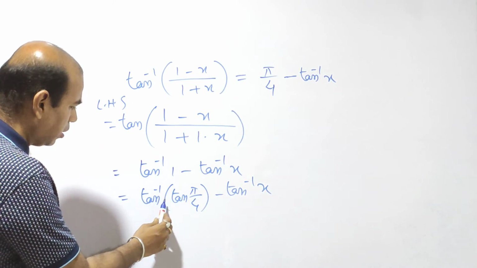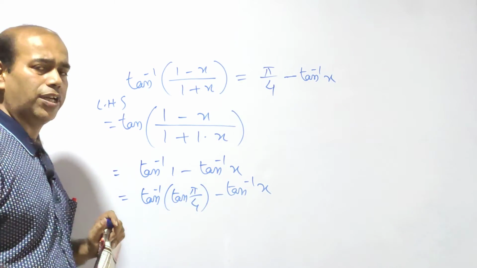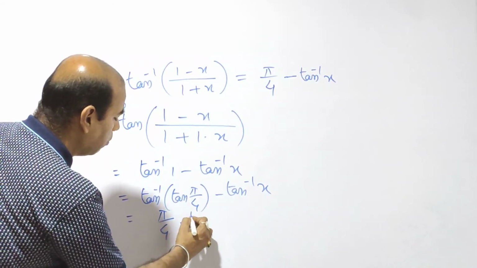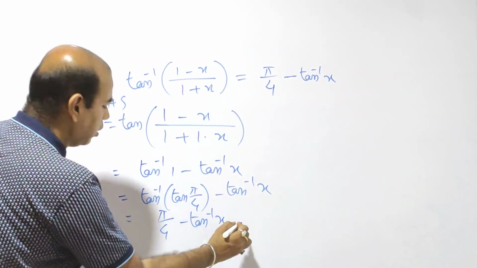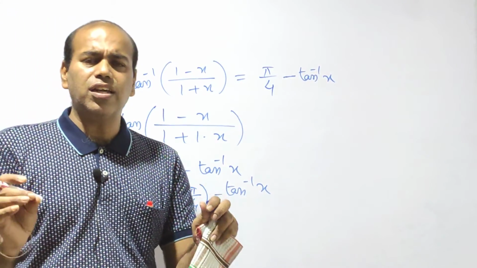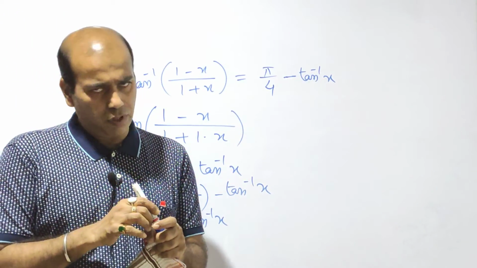Now if I remove this tan inverse and tan, because pi by 4 is in the range of tan inverse, it becomes pi by 4 minus tan inverse x. So it's a very simple way. Directly I am applying the formula and solving this question.